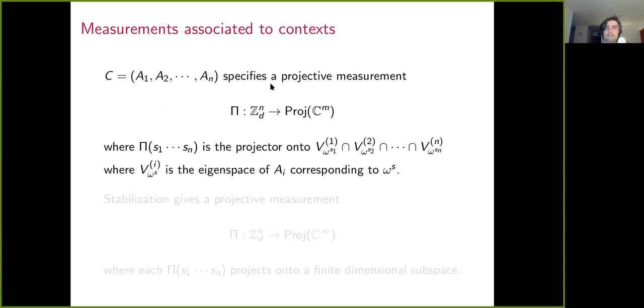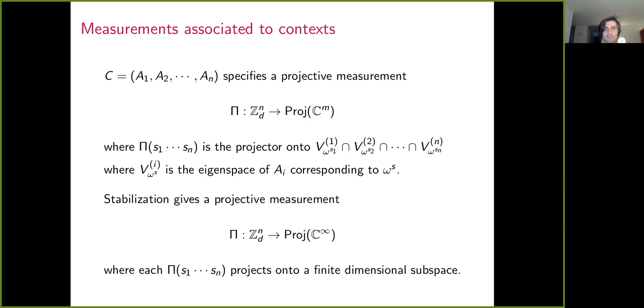A context specifies a projector measurement, which is essentially a function that sends an element of Z mod d^n to a projector, which projects onto the common eigenspace of these operators corresponding to the eigenvalues omega to the power s. So this is a projector measurement. And since we are sending M to infinity, we can do the same thing for the projective measurements as well.